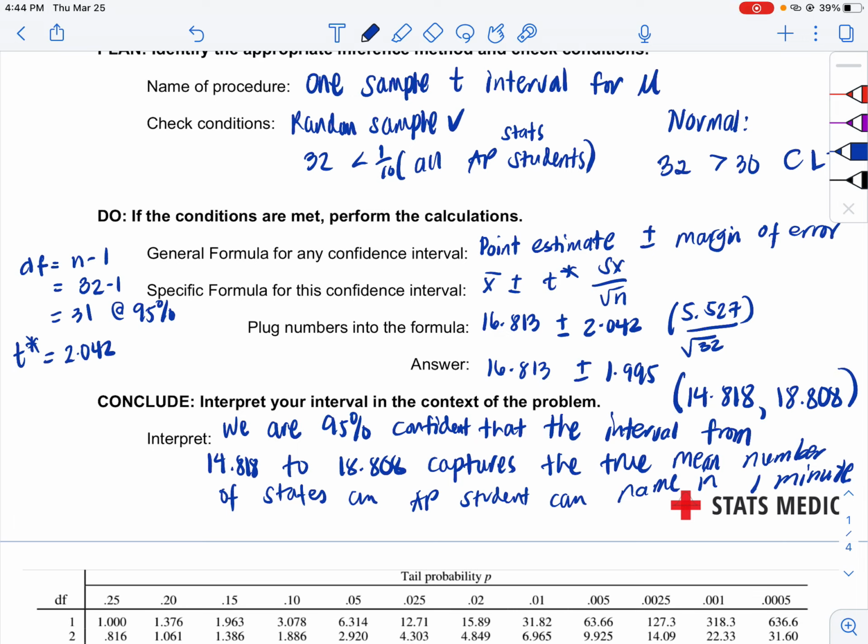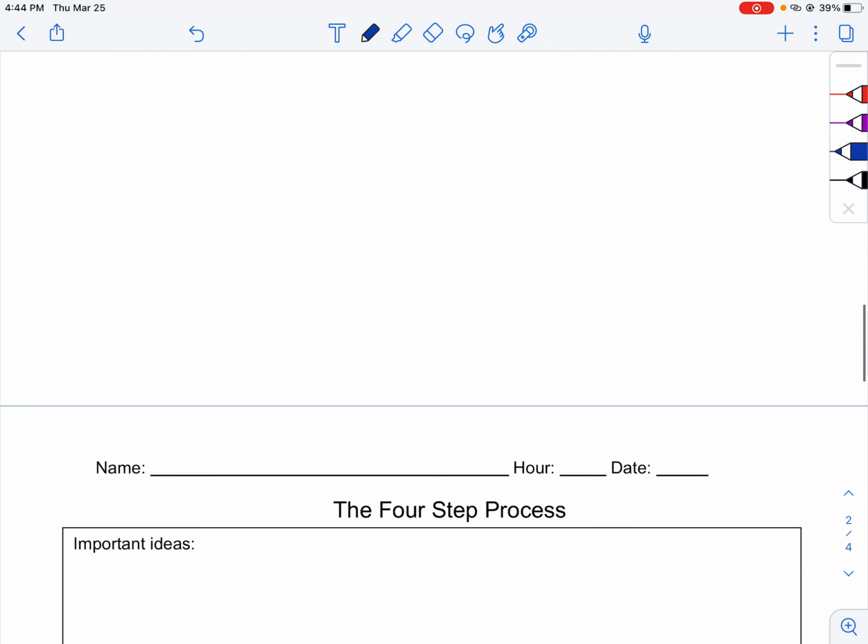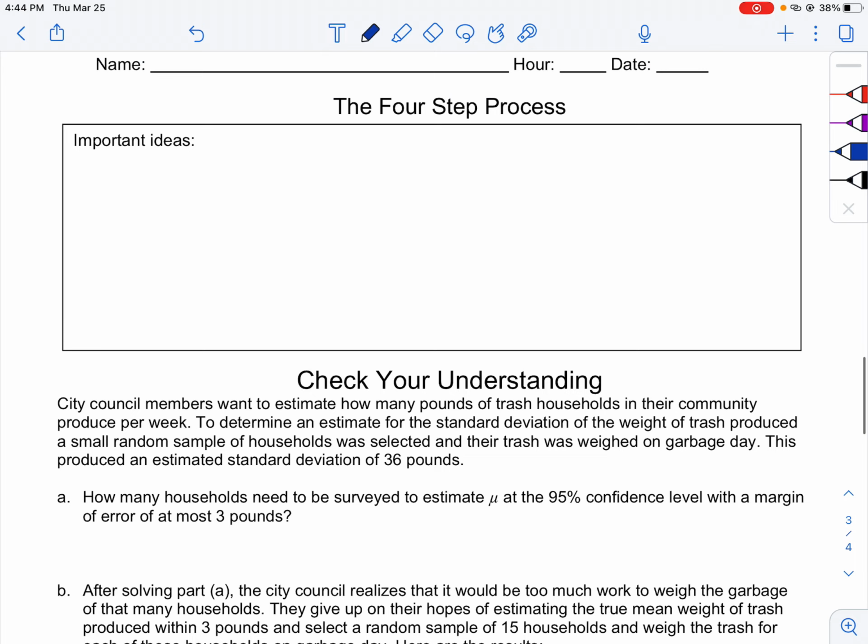Okay, there you go. So that's it. We have to name the procedure, we have to check the conditions, and then we have to solve for the confidence interval. And then we are going to do our important idea section. There's not really anything a big deal for the steps here.